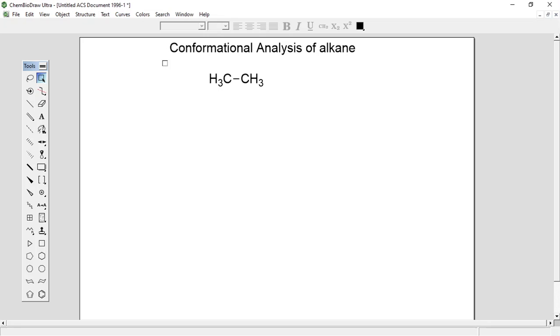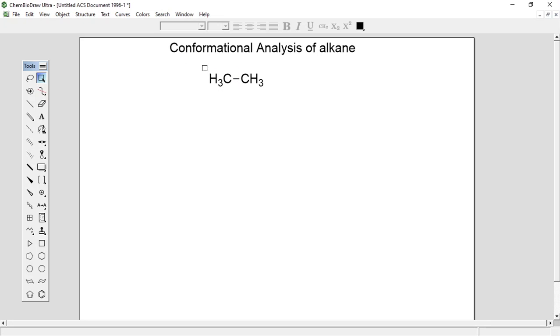You know that stereoisomers have been classified into two types, that is configurational and conformational isomers, also called conformers or rotamers. So conformation means the various three-dimensional arrangements that arise due to rotation of this carbon-carbon single bond in alkane. Ethane is an alkane.